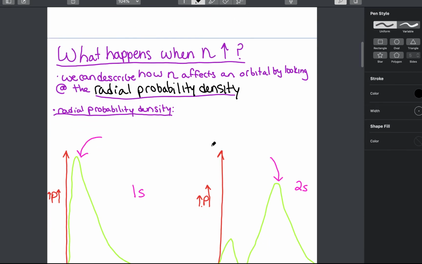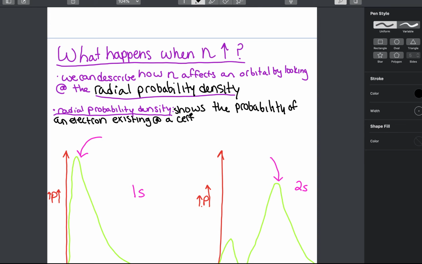So what is the radial probability density? The radial probability density shows the probability of an electron existing at a certain distance from the nucleus.